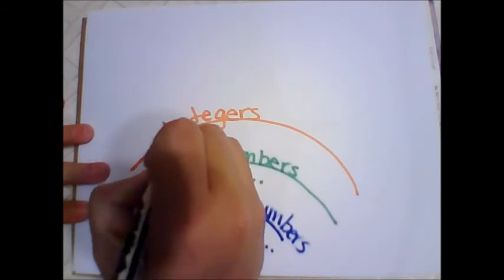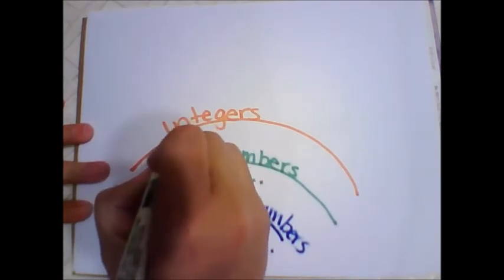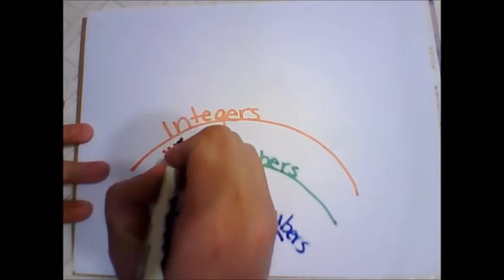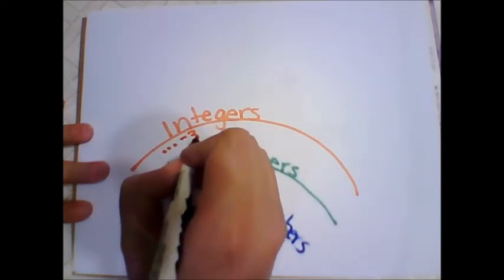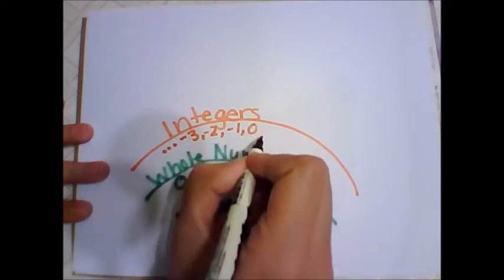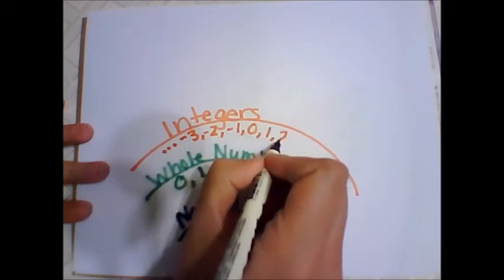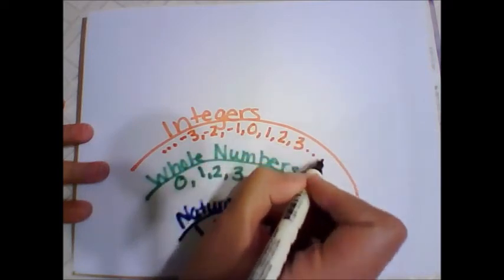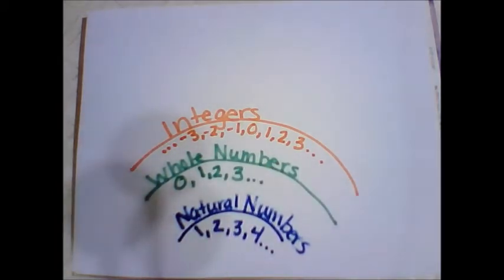So these are numbers that include -3, -2, -1. It includes 0, 1, 2, and 3. And it continues both ways, to positive infinity and negative infinity.